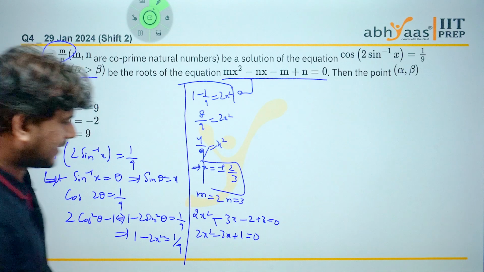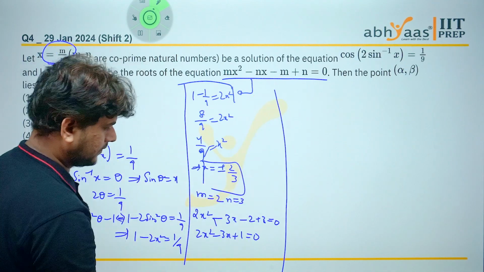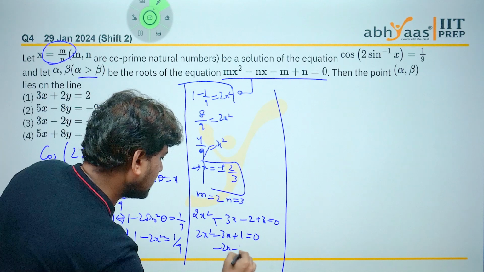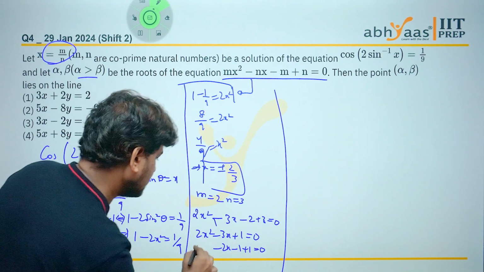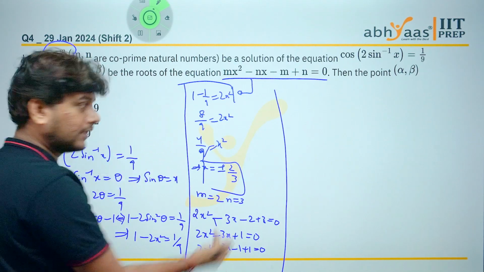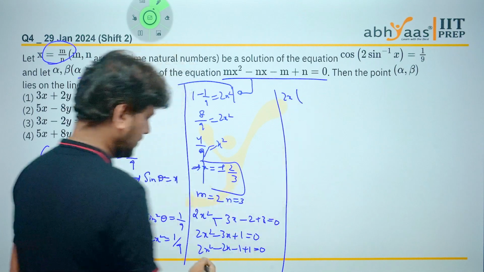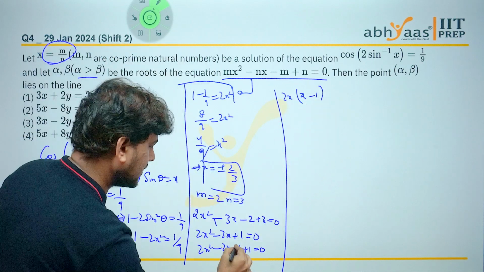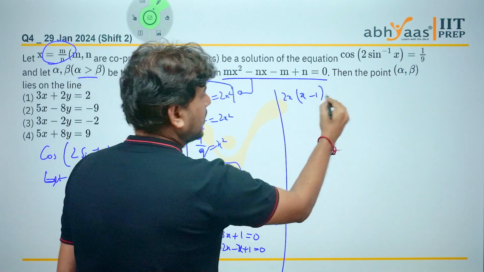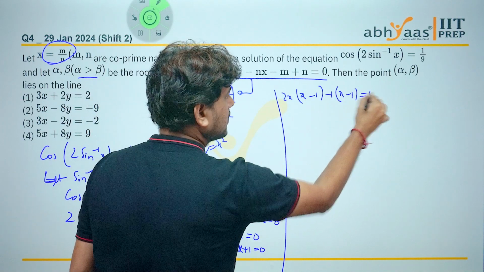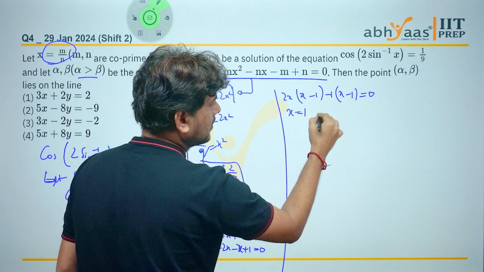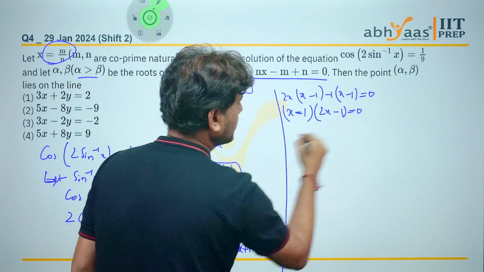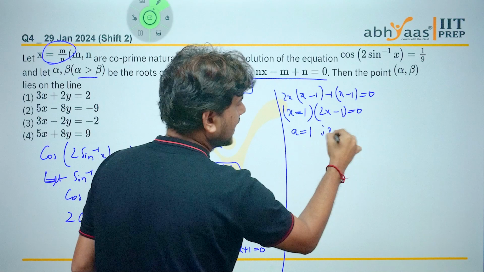I think we have factors here. 2x square minus 2x minus x plus 1 equal to 0. If we take 2x common, sorry, this is x minus 1 common, we get x minus 1 into 2x minus 1 equal to 0. So x can be either 1 or x equals 1 by 2.